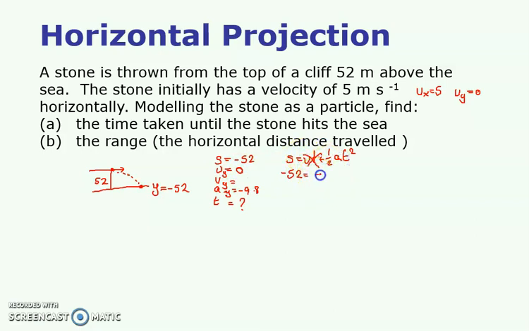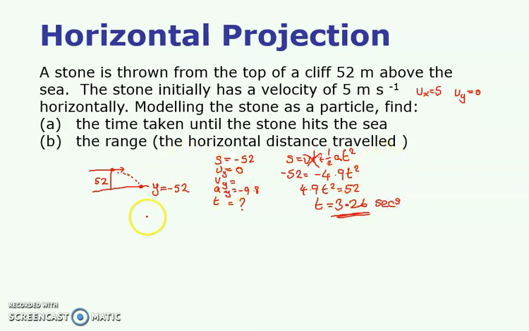Half of a is minus 4.9 t squared. In actual fact, 4.9 t squared equals 52. If I do 52 divided by 4.9 and then square root the answer, I get 3.26 seconds. That's how long it takes for it to hit the sea.